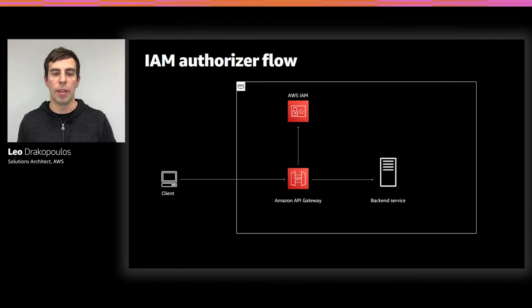So again, the flow starts with an HTTPS request. For that request to be authorized, you need to have AWS credentials on the client. And more specifically, you need to sign those AWS credentials with signature v4. Signature v4 is nothing else but the authentication process to make requests to AWS via HTTP.